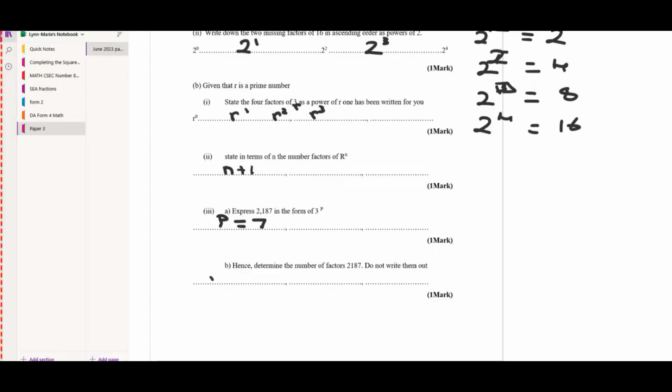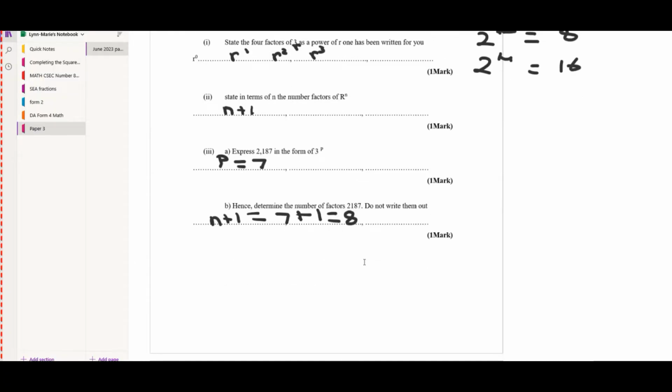So n plus 1 tells us it would be 7 plus 1, which is equal to 8. So 8 is the number of factors that I would have for 2,187. Again, this is for looking at the patterns, okay? Or you could simply write them out if you don't see this pattern, and just count the number of factors, right?